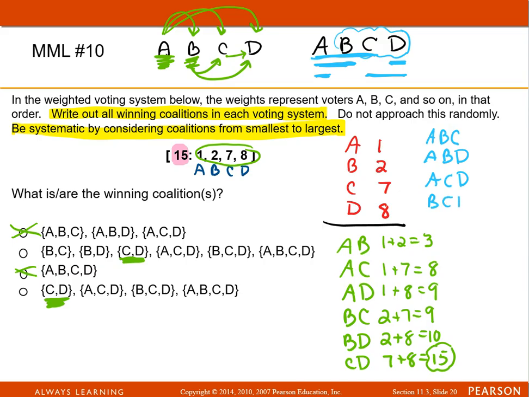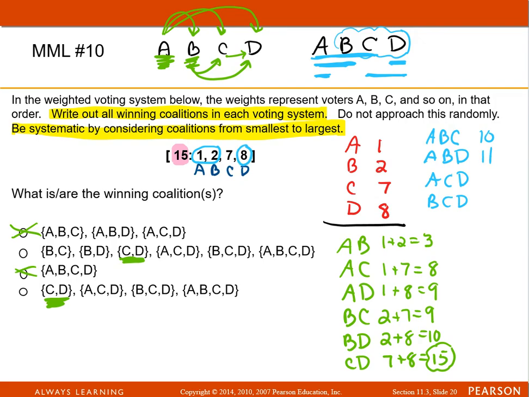B, C, and D. And again, I have to go through the numbers. A, B, and C, that's 1 plus 2 plus 7. That adds up to 10, so that's not a winner. A, B, and D, here's A and B, and there's D, so that adds up to 11.